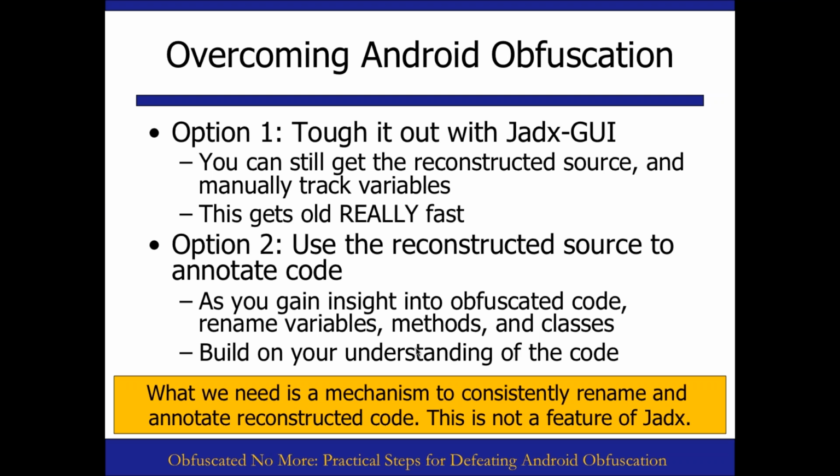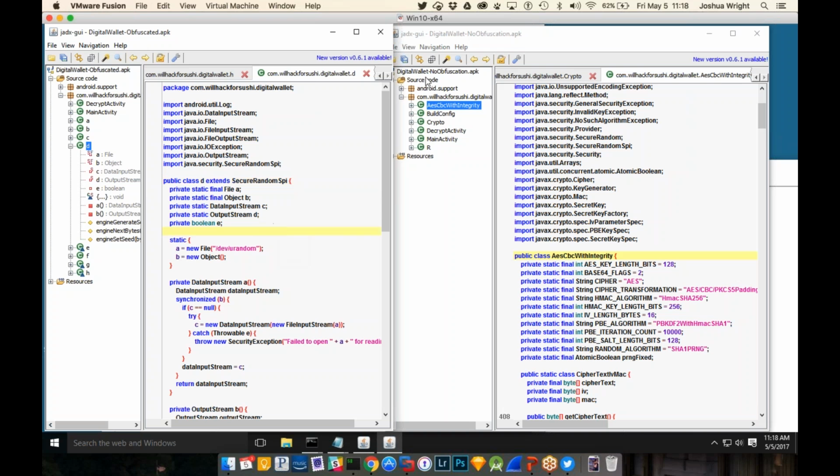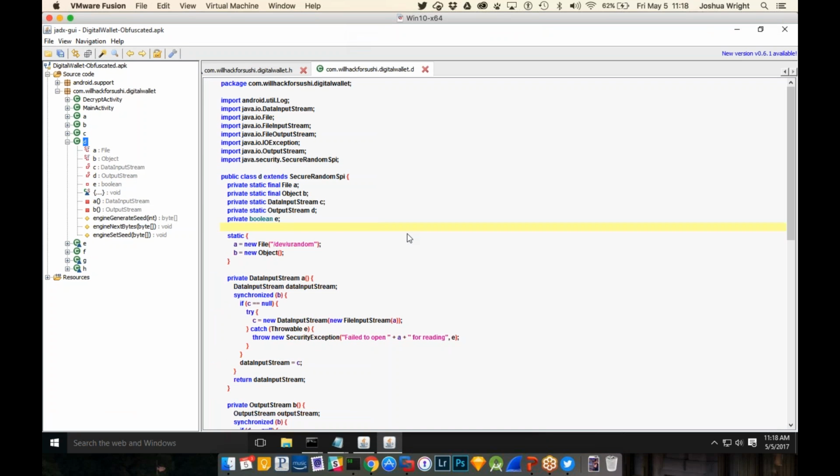Now, one thing we could do, if I go back to my demo here, if we're focusing on the obfuscated Android application here, we could just tough it out. You know, we might say, look, this does not make a lot of sense, but if I have a notebook, like a notepad, a pen, and a lot of time on my hands, I could go in and start documenting this.